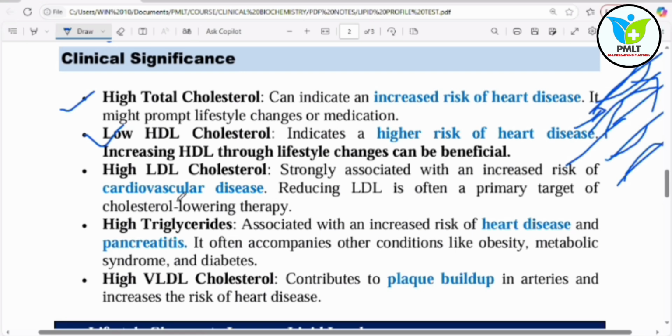After that, high LDL cholesterol increases cardiovascular disease. High triglyceride is associated with an increased risk of heart disease and pancreatitis.